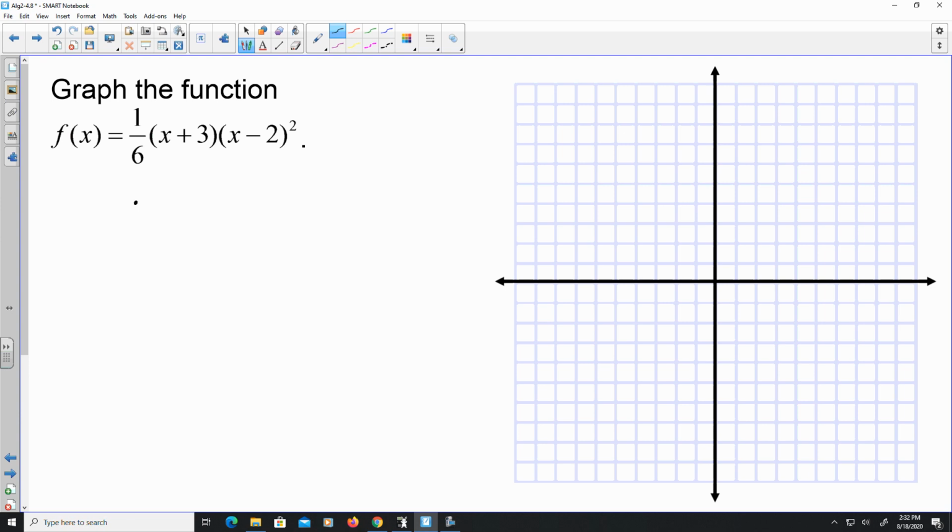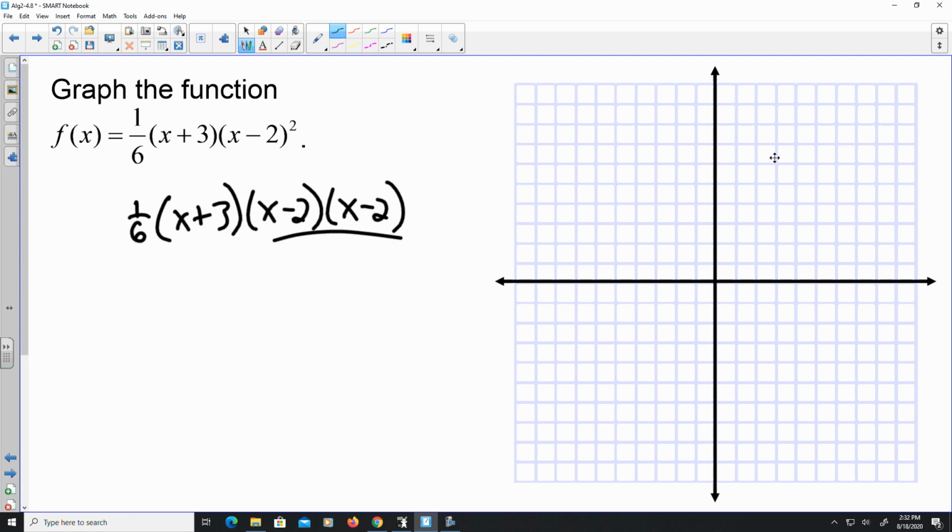So this is just going to be 1/6 times x plus 3. I'm going to expand this as x minus 2 times the quantity of x minus 2. This, again, is the pattern, so I'm just going to write this as 1/6 times x plus 3 times x squared minus 4x plus 4.